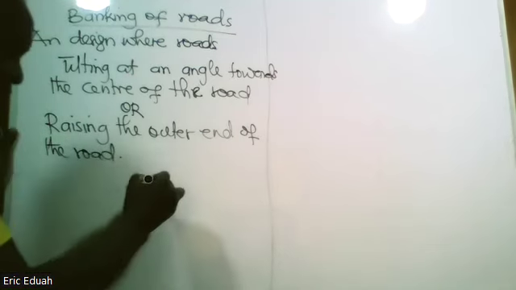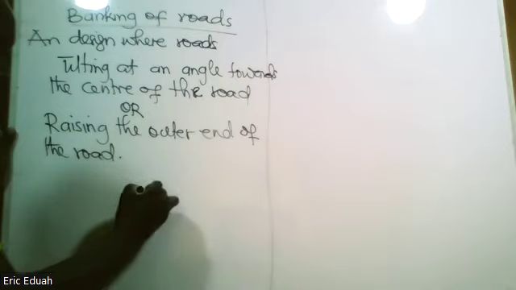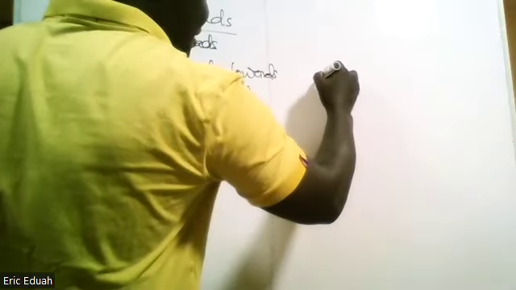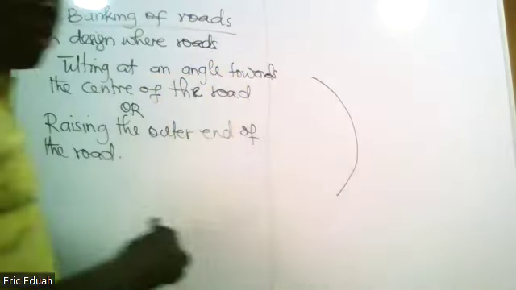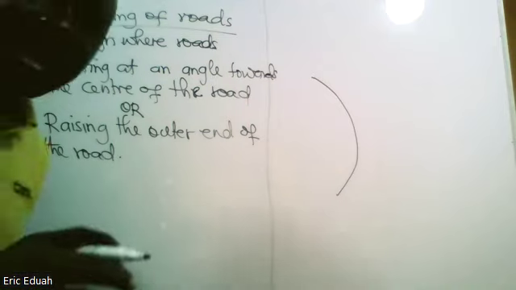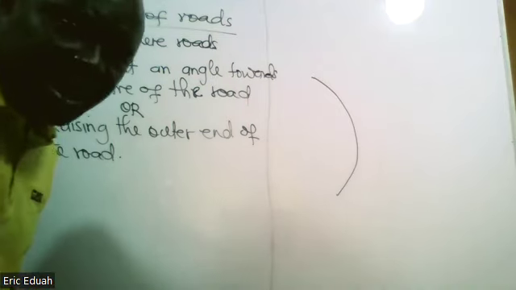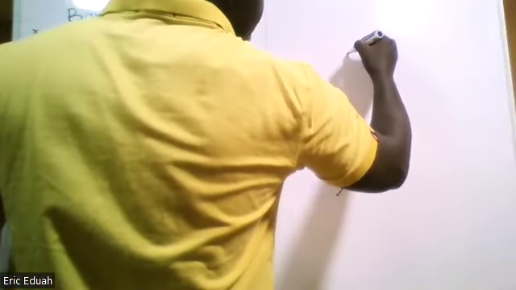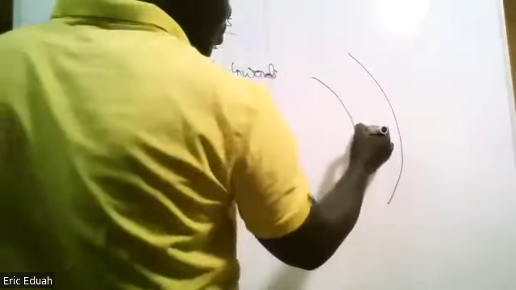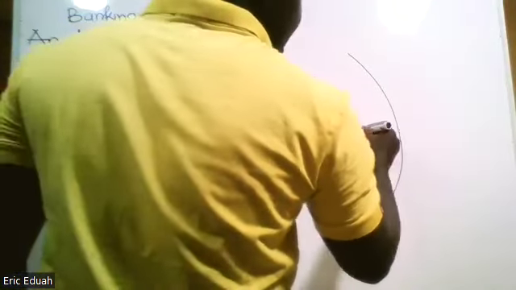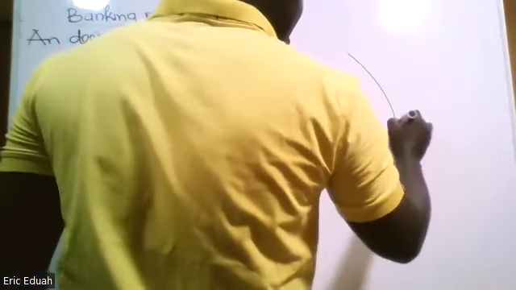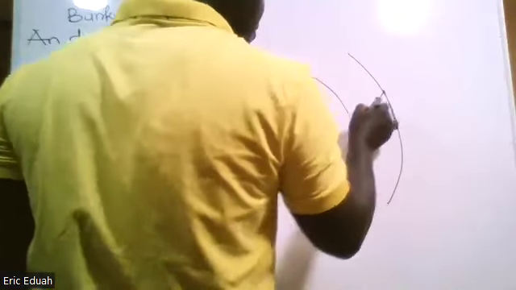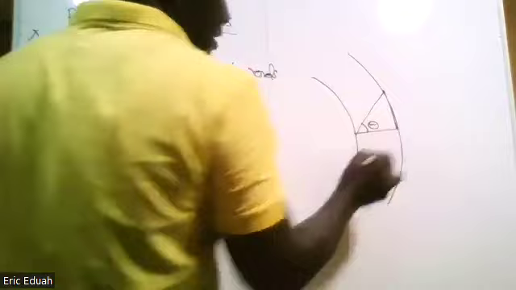So if you have a curvy road, a banked road is like this. The road must be curvy. So roads are banked at areas where there are curves. The road is built in such a way that the outer end is raised towards an angle, so it creates a situation like this.